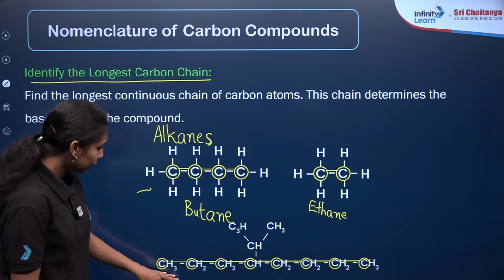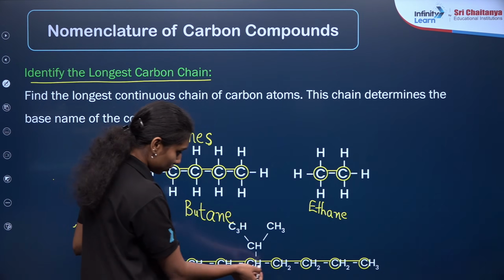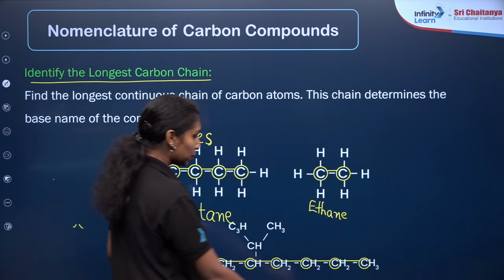Now you can see this is the longest carbon chain. What is the total number of carbons here? 8, so oct will be the word root here.